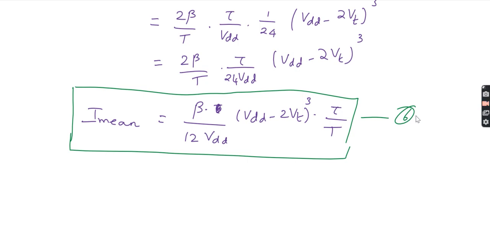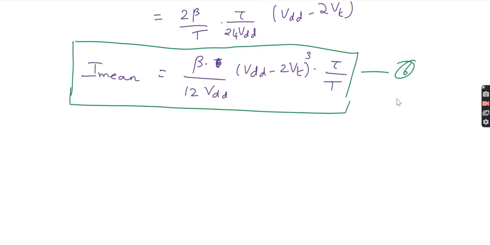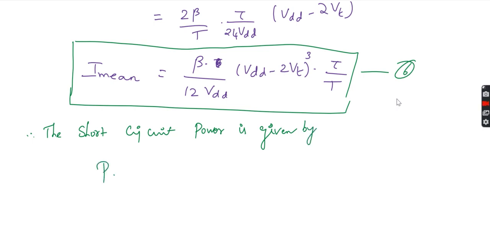Now what is the short circuit power? The short circuit power is given by PSC. Short circuit means PSC. PSC will be equal to V into I. So V is nothing but VDD.